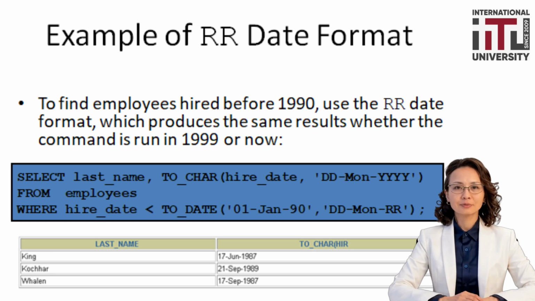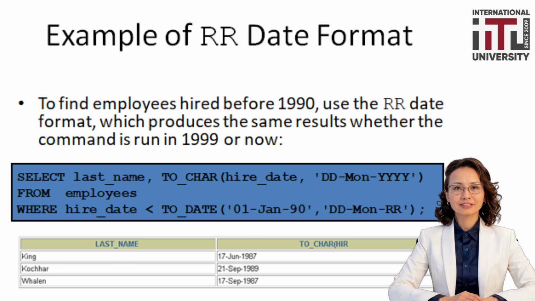This example demonstrates how the RR date format ensures correct interpretation of two-digit years in queries. The condition TO_DATE('1-Jan-90','DD-Mon-RR') uses the RR format to interpret the year 90 correctly as 1990, regardless of when the query is executed.